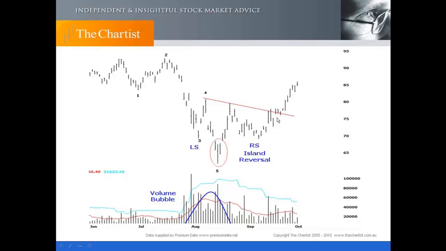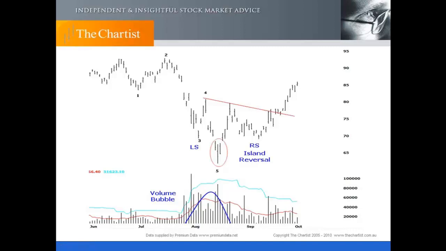So we've got a combination of many patterns going on. We've got the volume bubble, we've got the island reversal, and we've got a head and shoulders reversal pattern. Very, very bullish. And by the looks of it, prices have kicked on out of that pattern. So again, 5 waves down, 1, 2, 3, 4, 5, head and shoulders reversal, A, B, C. This is just an absolute cracker buying opportunity down here.